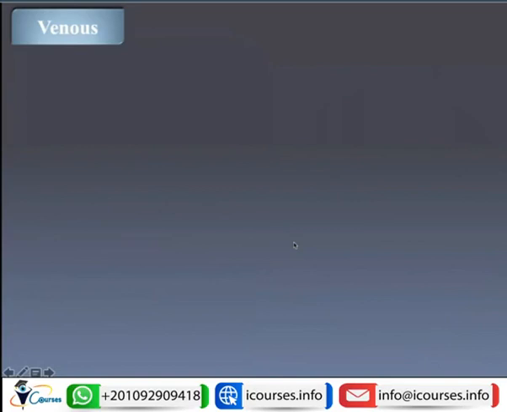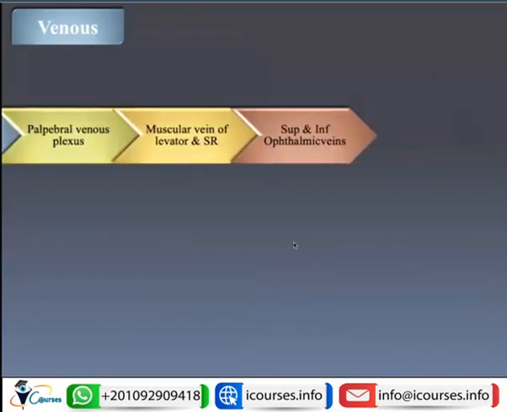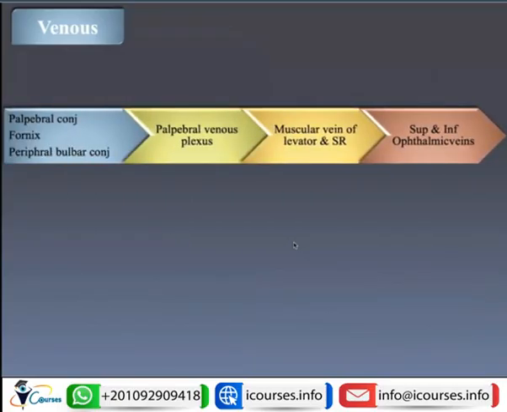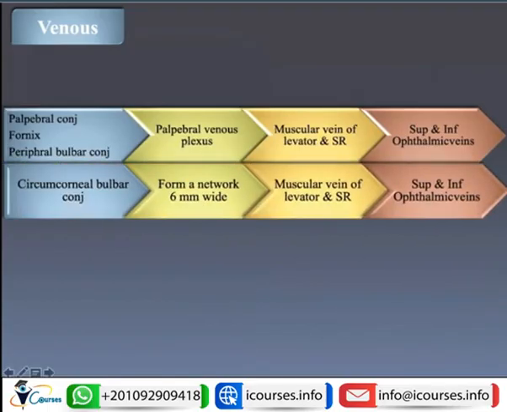So these are the 3 main supplies: the palpebral conjunctiva and the bulbar conjunctiva are supplied by the peripheral arterial arcades, the marginal arcades, and the anterior ciliary arteries. The venous supply for the conjunctiva differs according to the area drained.